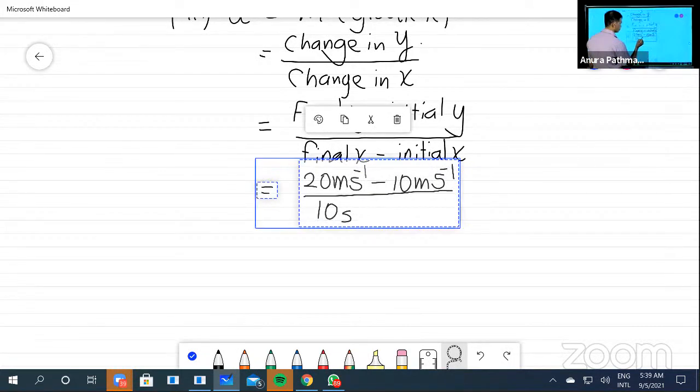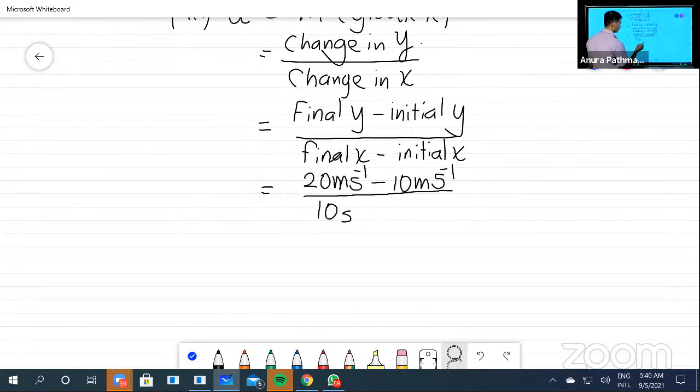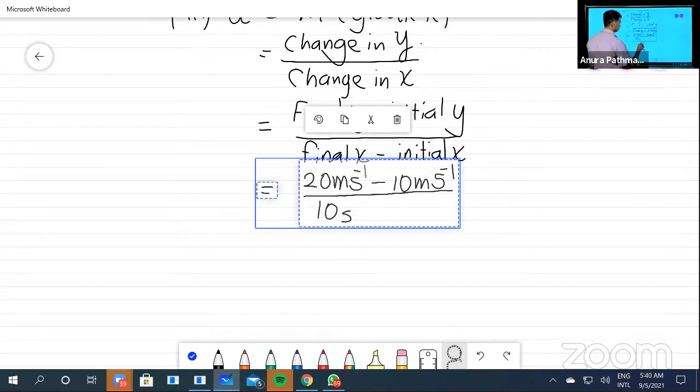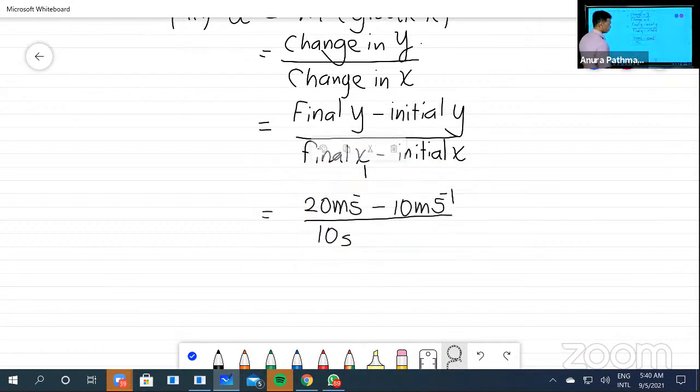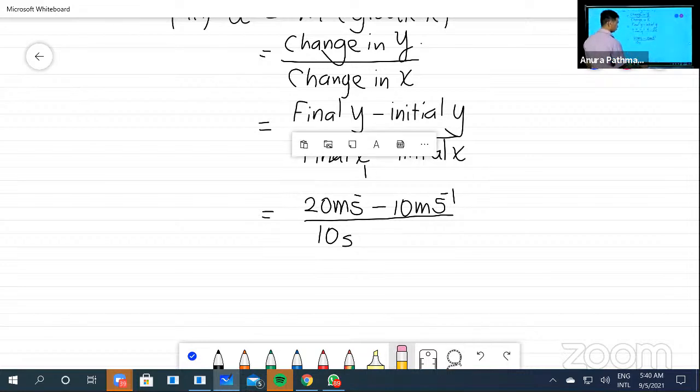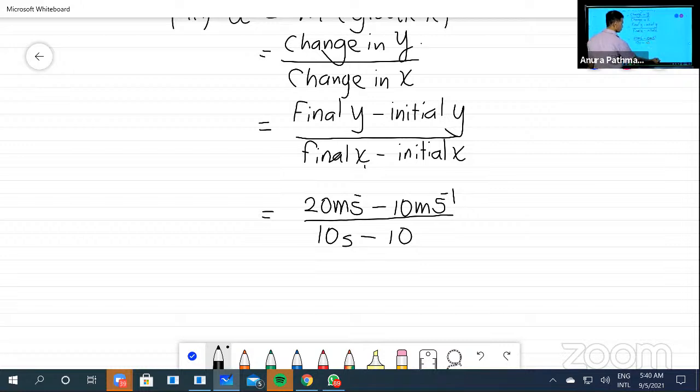10 seconds minus 0 seconds, 0 seconds. So ultimately you will get 20 meters per second divided by 10 seconds.